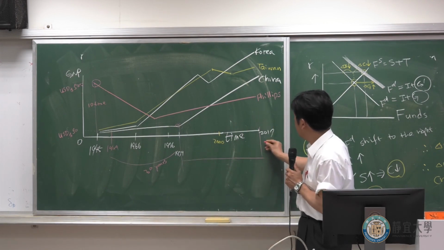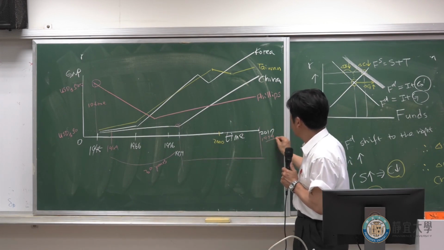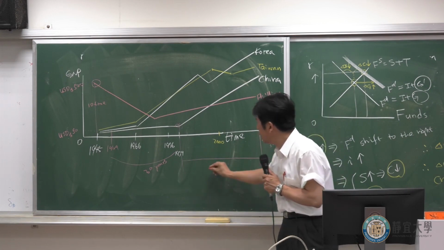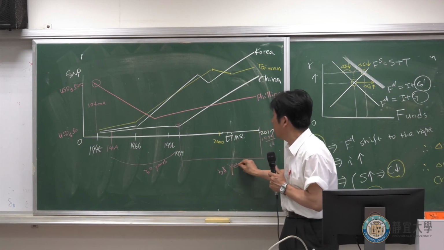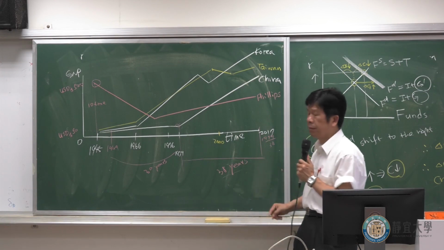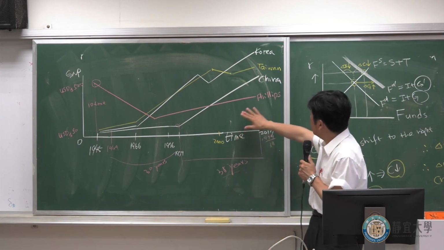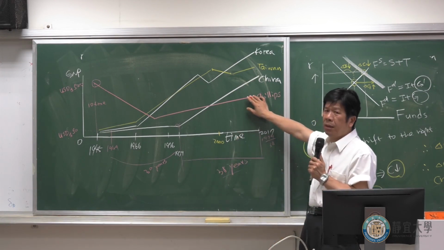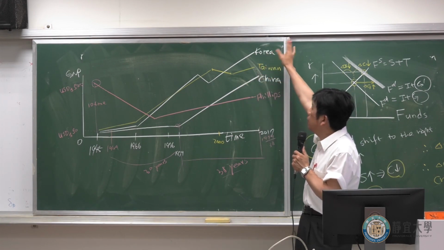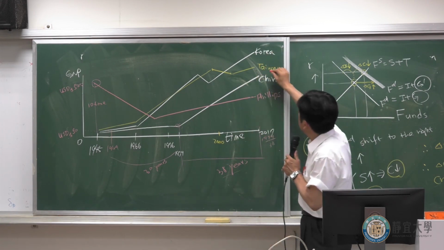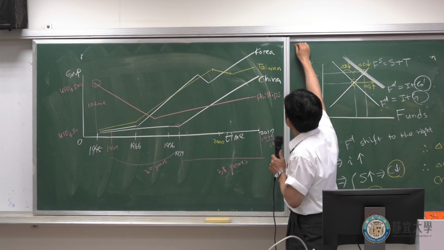How many years? 38 years. China is more successful, and I believe after 10 years they will pass Taiwan and Korea. They will continue.